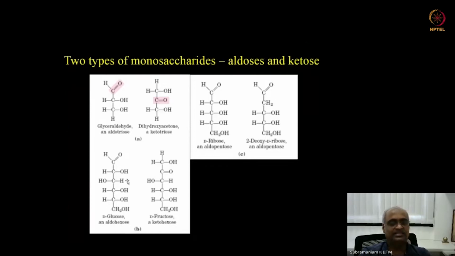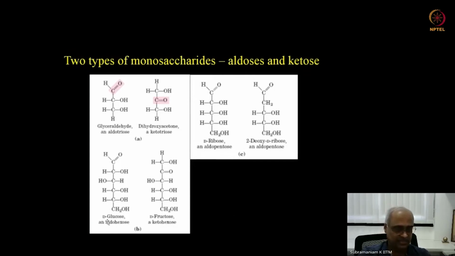So as a result, it has 16 different versions possible, of which the 16 can be separated into two groups. 8 the D version, with H and OH in this orientation, and L where this will be in the OH and H orientation. So there are 8 names, D, so glucose and so on, like D-glucose, D-galactose, D-mannose, D-idose and so on, 8 names, and then the same 8 with L.